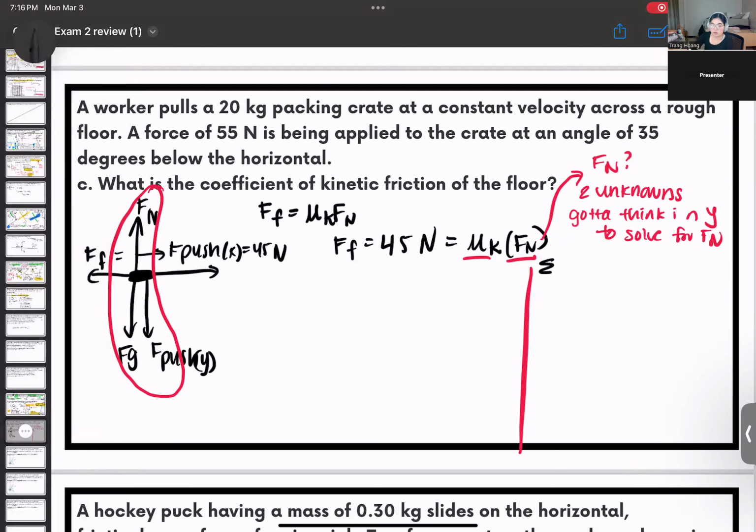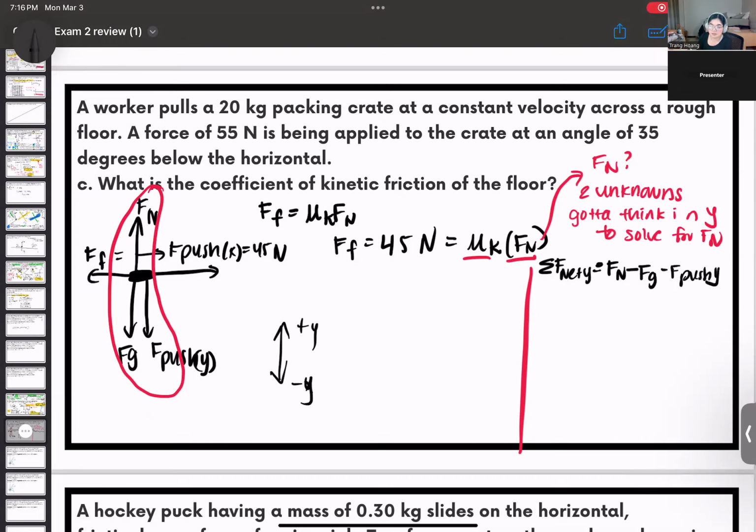If we want to solve for a force in the y direction, we have to think about the sum of forces in the y direction. You got to think, this is positive y, this is negative y. We add it up. So we do Fn, what's on top, minus what's on the bottom. In this case, it's minus Fg minus F push y.